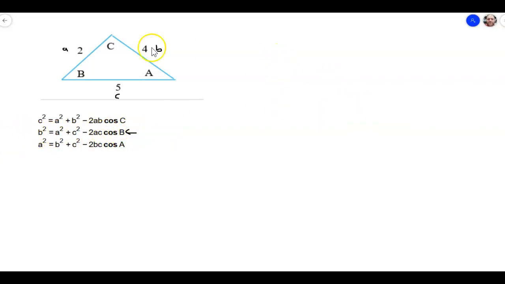B squared, so 4 squared, is equal to A squared, 2 squared, plus C squared, which is 5 squared, minus 2 times A, which is 2, times C, which is 5, times the cosine of B, which is what we're solving for here.